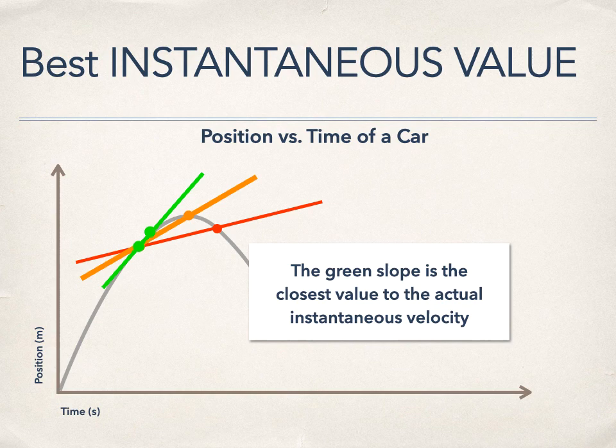So that is it. Average velocity is the average over a larger distance over a larger time, whereas instantaneous velocity generally is a fairly small distance done over a fairly small time, because you really want to get the value at that exact moment. And that's it for this video.